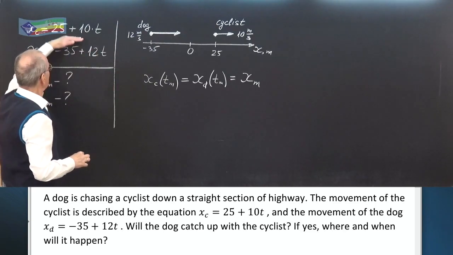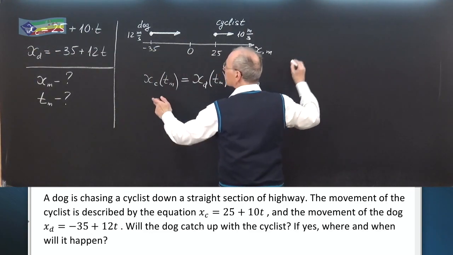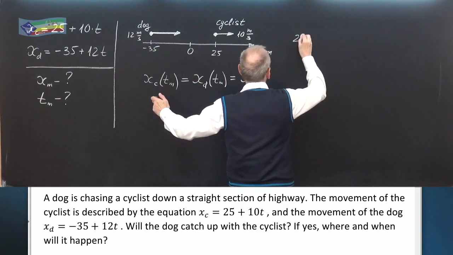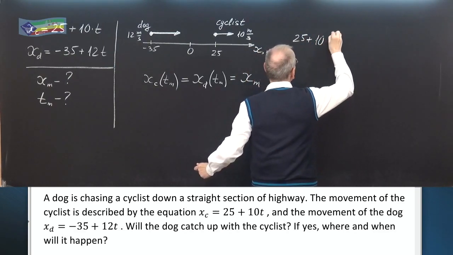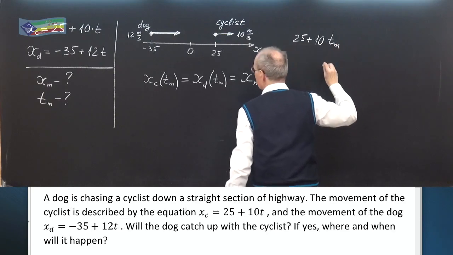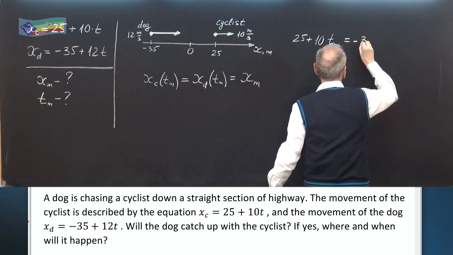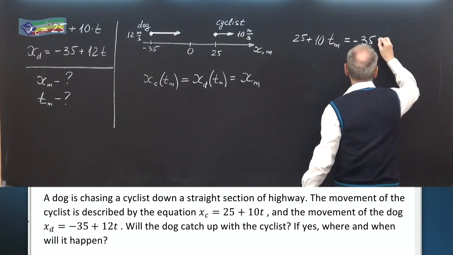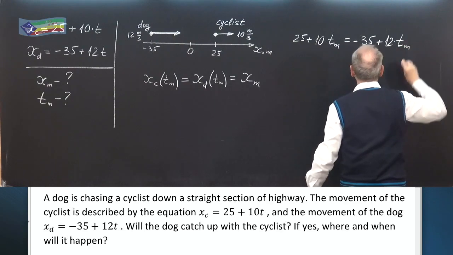Substitute here these two equations. We have 25 plus 10 t meeting equals minus 35 plus 12 times t meeting.